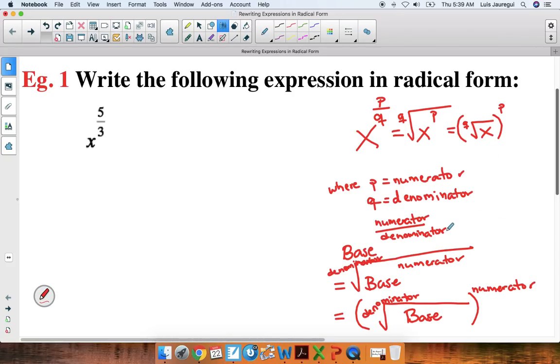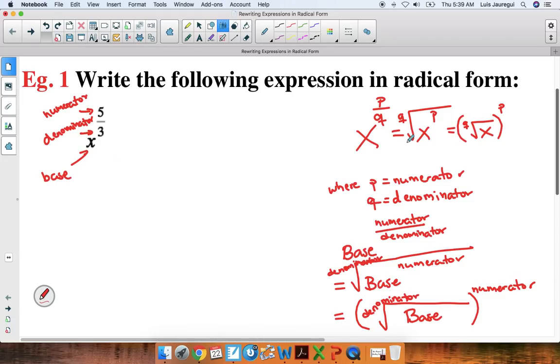Now, since we have this explanation, we can rewrite this. So here we have x to the 5/3. Notice that the 5 is your numerator and the 3 is your denominator. And in this case, your x is what we call the base.